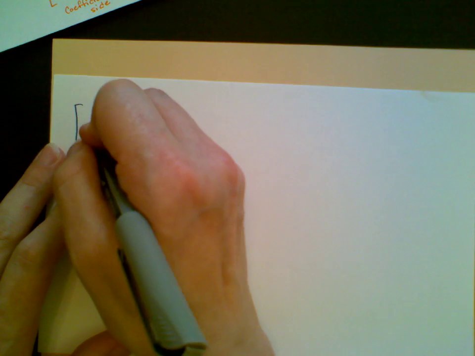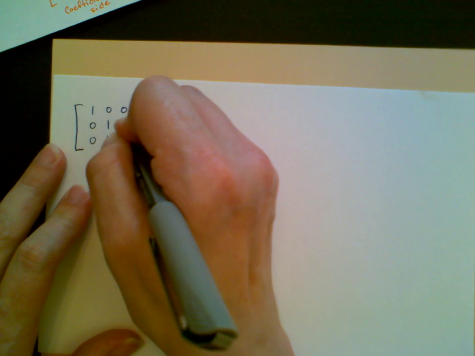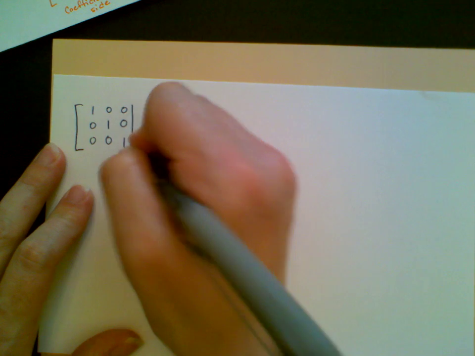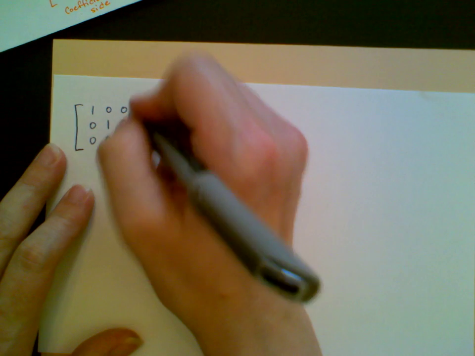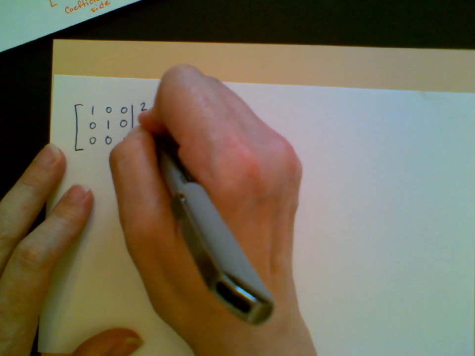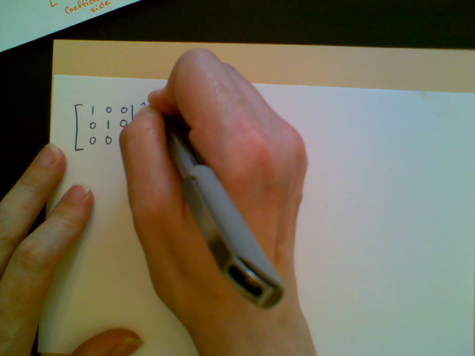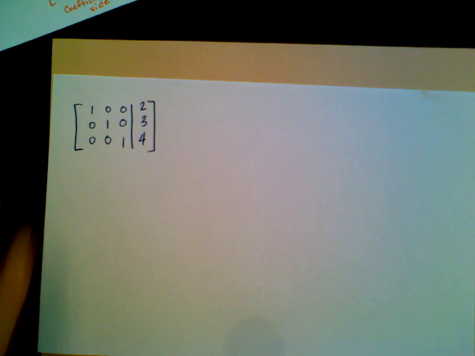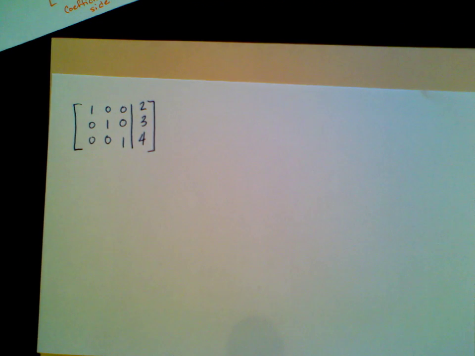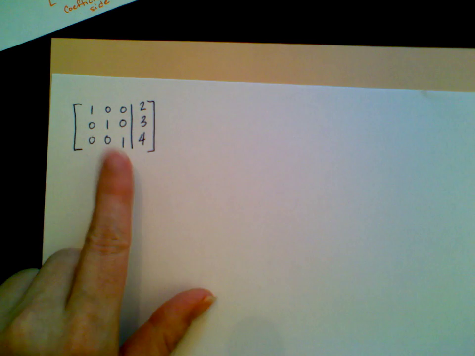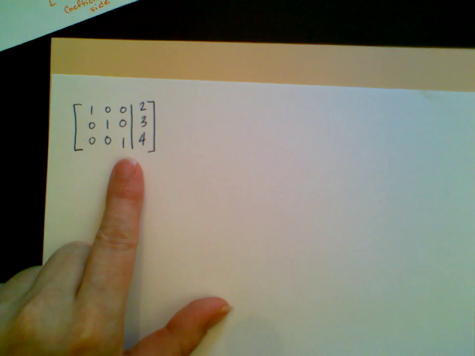Suppose I've got a matrix that has ones along the principal diagonal, zeros everywhere else on the coefficient side, and then it has some numbers on the constant side, some column of numbers. I want to write out the equations that these represent.